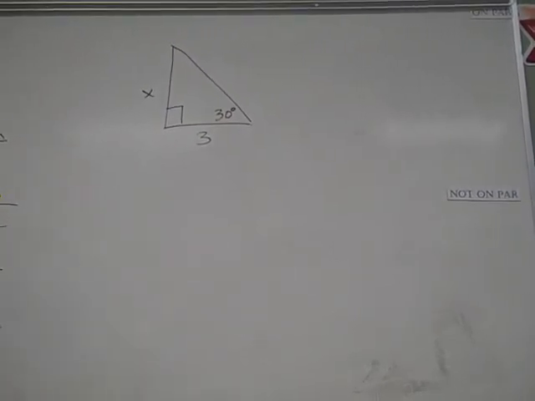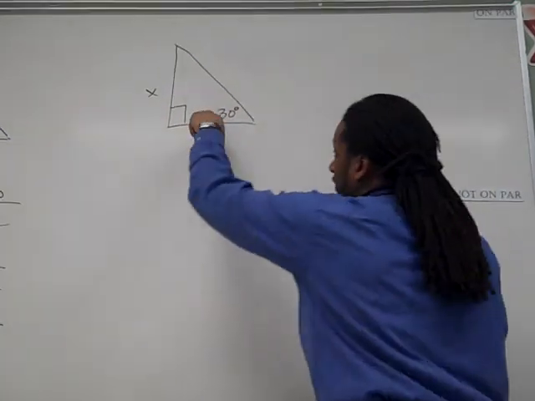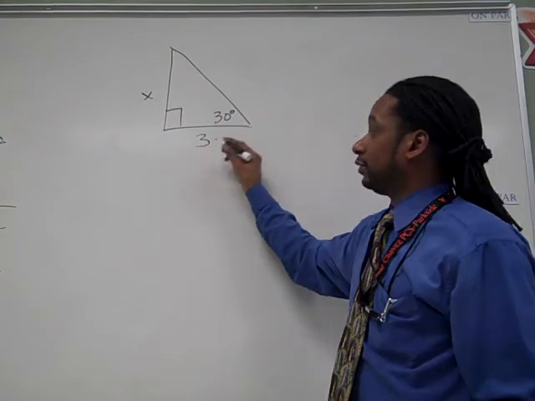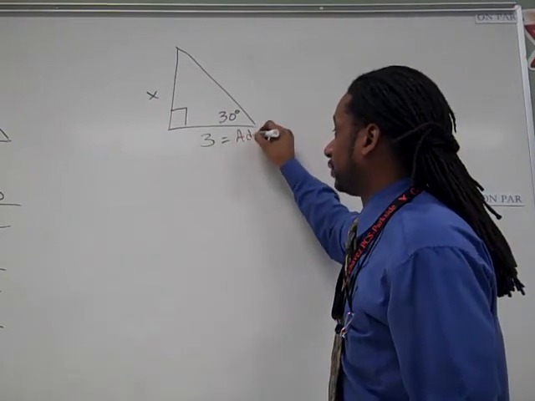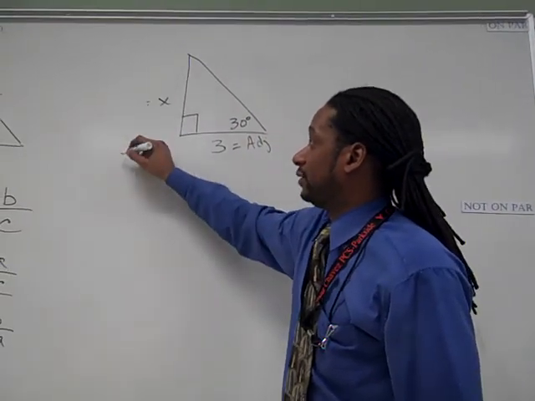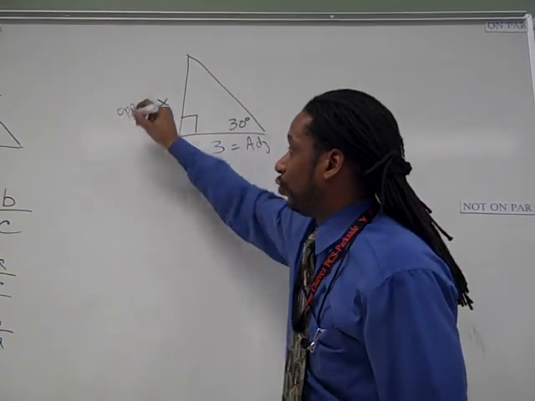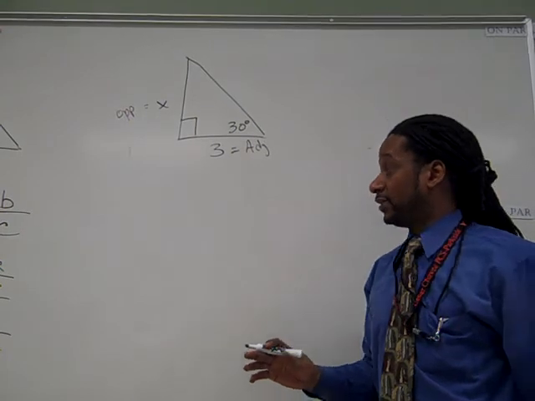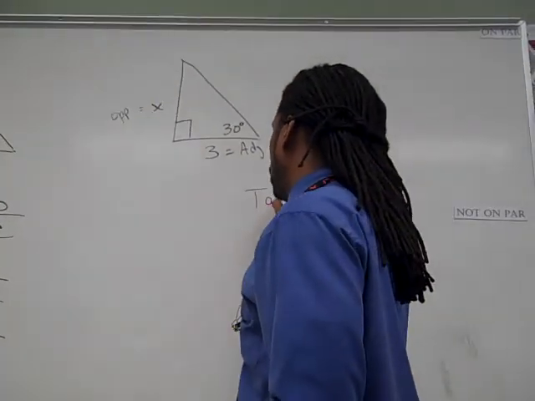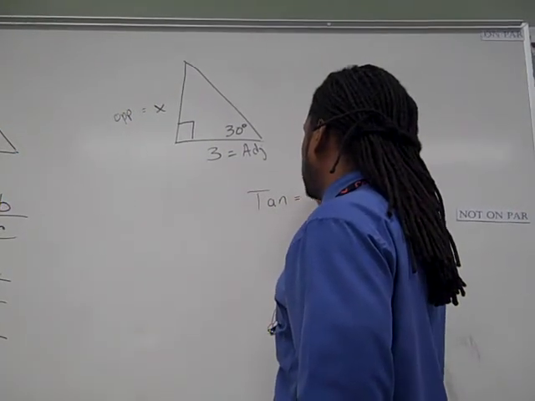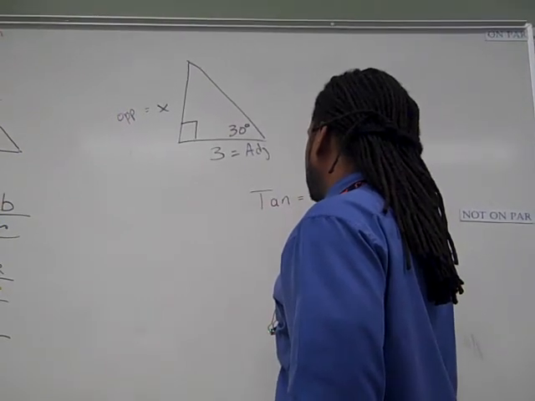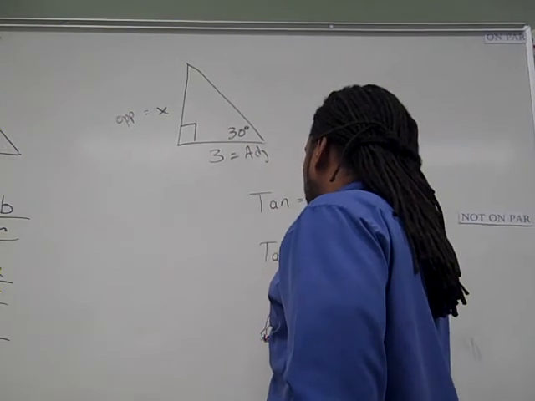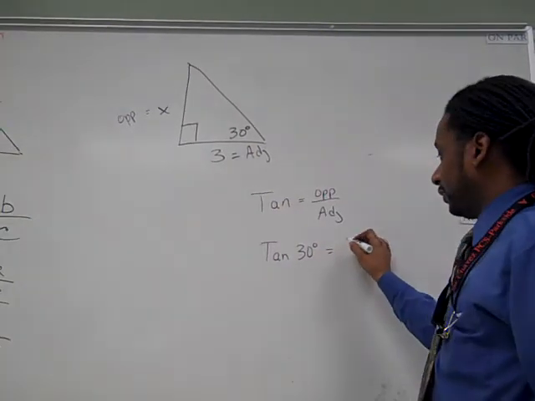First, identify what my sides are. If this is my angle, this is my theta, 3 is my what side? Your adjacent. My adjacent side, very good. And x is my what side? Opposite. Very good, opposite. So what function deals with opposite and adjacent? Your tangent. Tan. So this is one way you can do it. You can write tan equals opposite over adjacent. And then you come down here and say tan 30 equals what over what?